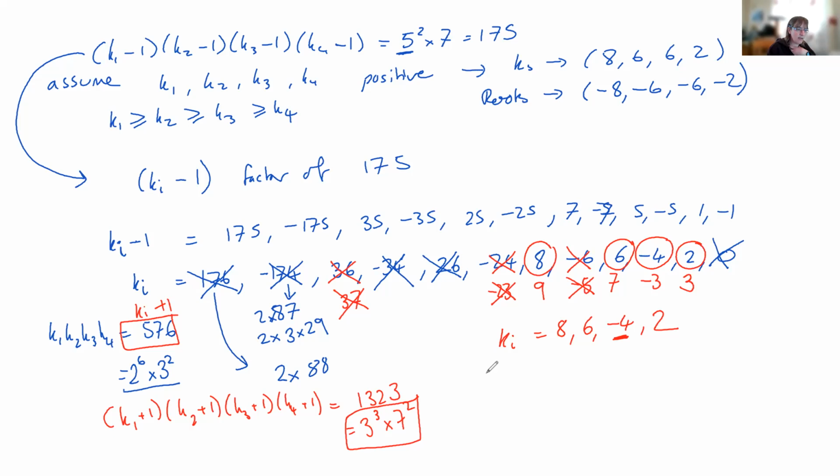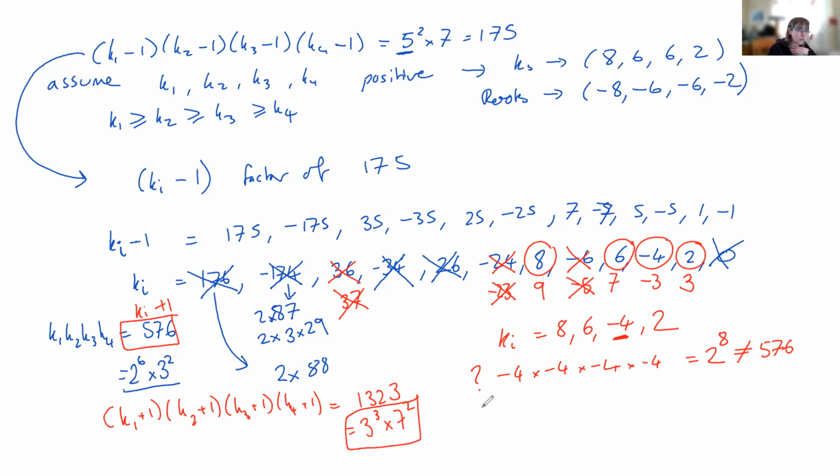So can we have minus 4 times minus 4 times minus 4 times minus 4? That will give me plus, but it will be equal to 2 squared times 2 squared times 2 squared times 2 squared, which is 2 to the power 8, which is not 576.